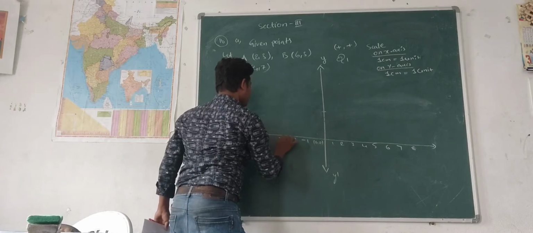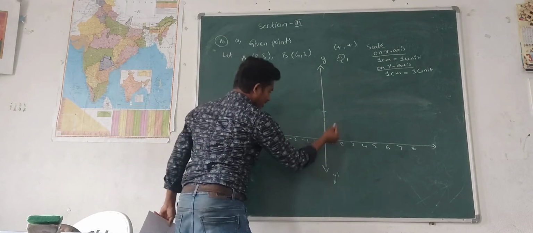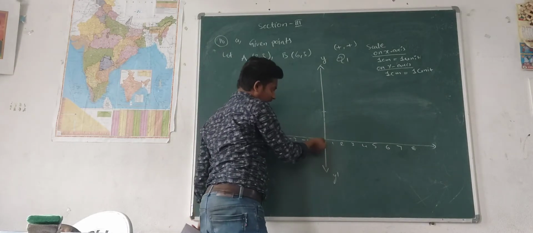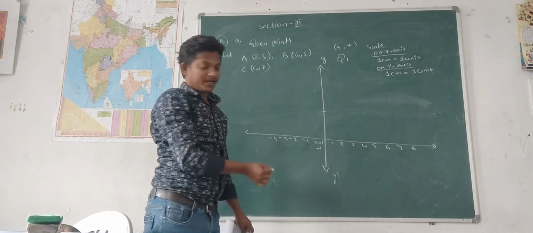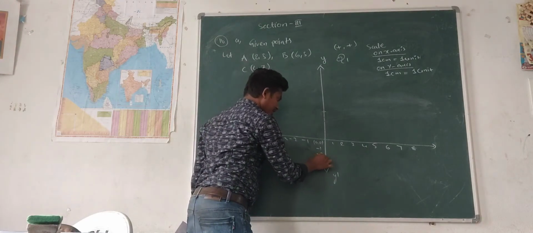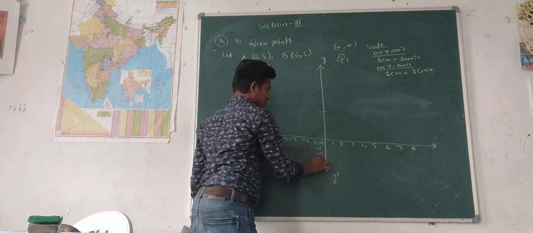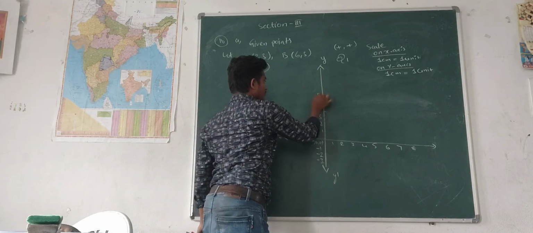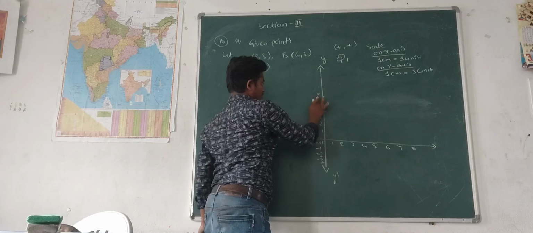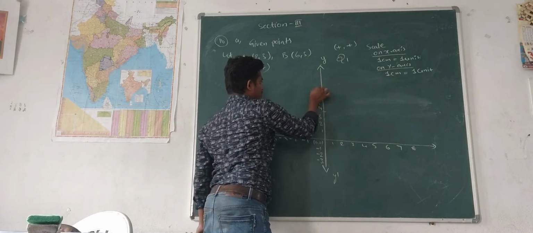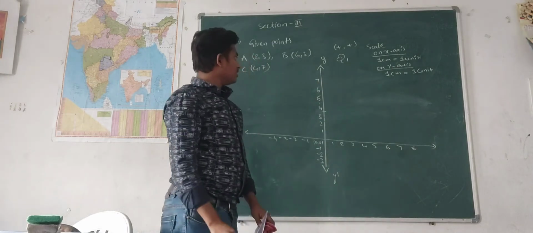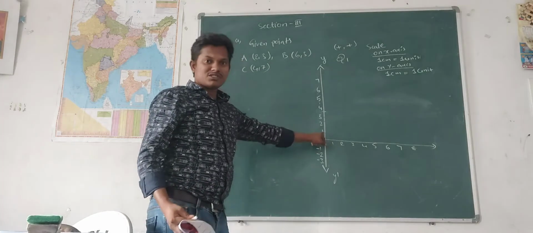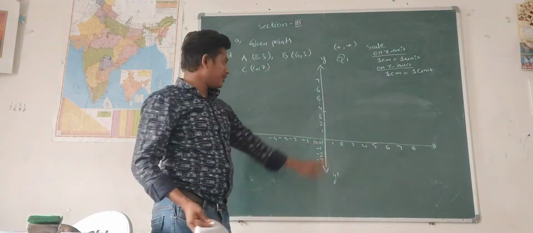Minus 1, minus 2, minus 3, minus 4. The downside of the y-axis from the origin has negative integers, and the upside is positive. So on the y-axis also I am taking 1 centimeter, from 0 to 1 is 1 unit.